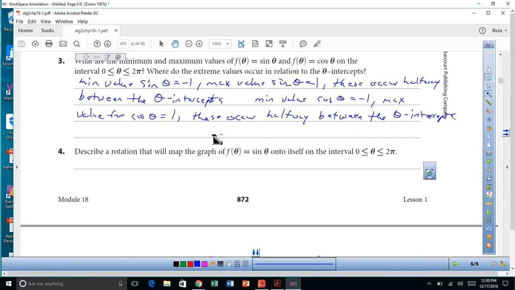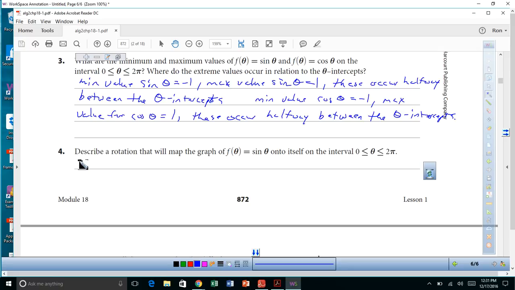All right. Describe a rotation that will map the graph of f of theta equals sine theta onto itself on the interval 0 is less than or equal to theta is less than or equal to 2 pi.